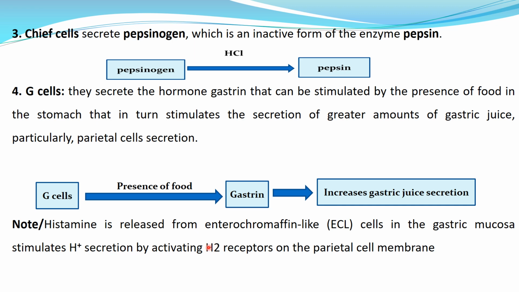The histamine binds to the H2 receptors, which are located on the parietal cells, and it can activate the parietal cells to secrete a large amount of hydrogen ions. So it means it reduces the pH of the stomach. As you know, when there is an increase in the level of hydrogen ions, it means an increase in the acidity or a reduction in the pH.